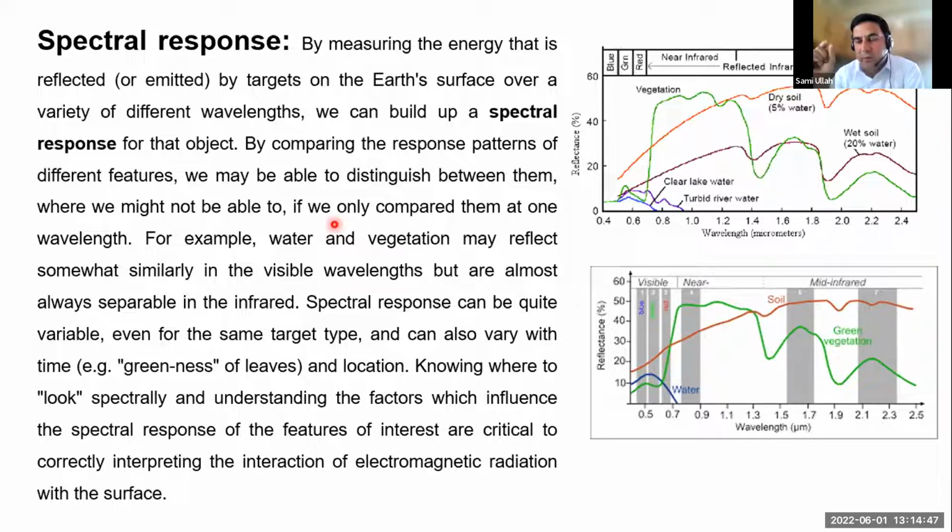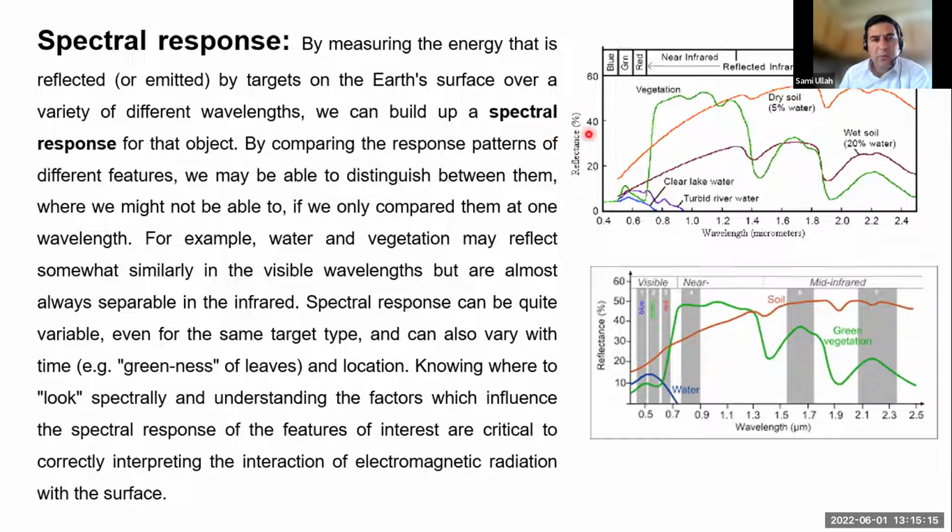So if you just take one band of one wavelength, it's not possible to differentiate between the different objects. But if you take all the bands of different response of different wavelength, then it may be possible to differentiate between different objects.